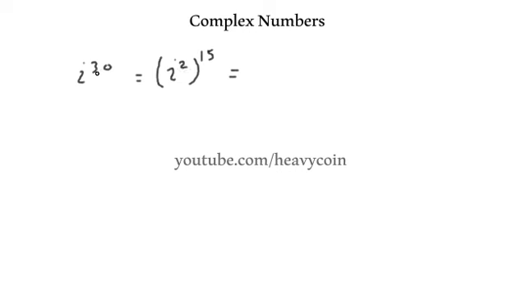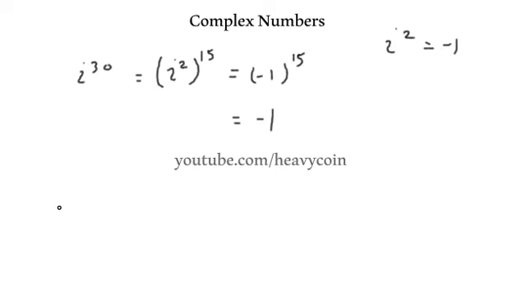So 2 times 15 is 30. But remember what i squared is, it's -1. So -1 to the 15th, because this is an odd number, a negative raised to an odd number is going to be negative, right? So that just ends up becoming -1.